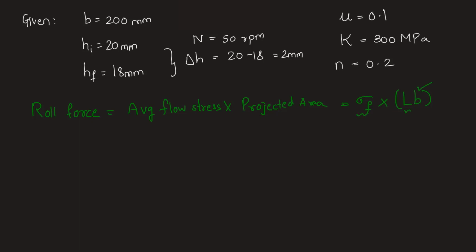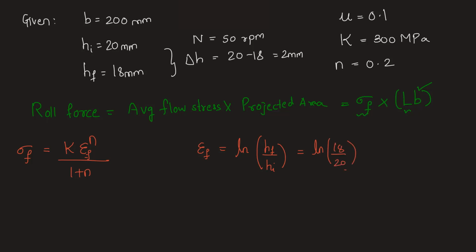To find sigma F, that is average flow stress, we have a standard formula that you need to remember, which is K into epsilon F to the power n divided by 1 plus n, where epsilon F is the true strain, which can be written as natural log of final thickness upon initial thickness, which is equal to ln 18 by 20.